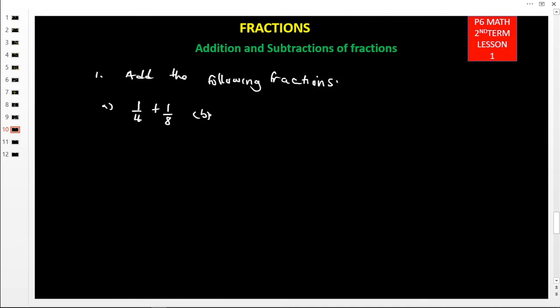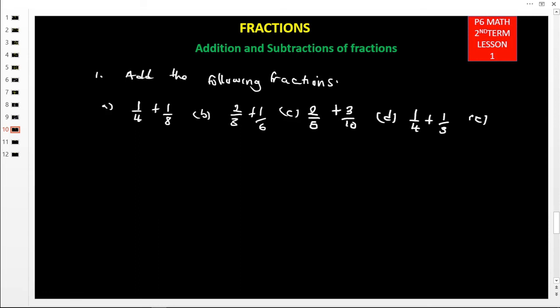Then part B here, we are having 2/3 plus a sixth. Then part C here, we are having 2/5, then plus 3/10. Then part D, we are having a quarter, then plus a third.